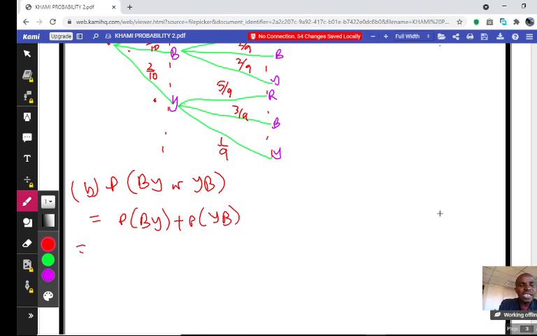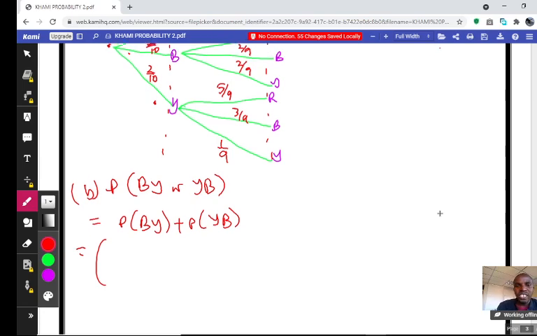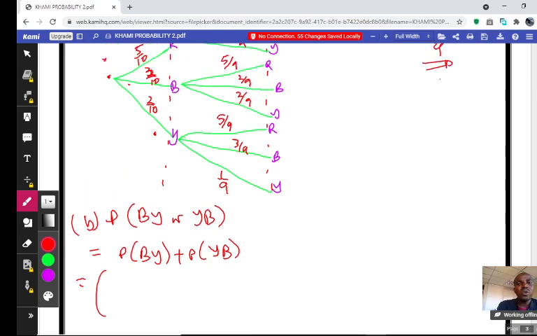Then taking the probabilities, blue yellow, you can see from the tree diagram, blue yellow is 3 over 10 times 2 over 9. Then plus yellow blue. Yellow blue is 2 over 10 times 3 over 9.